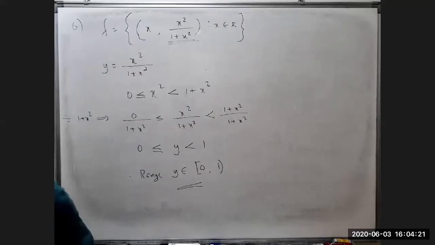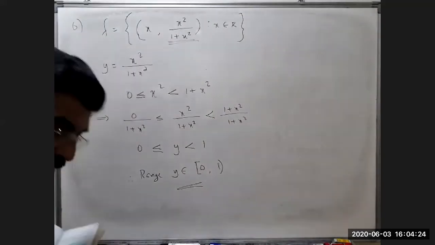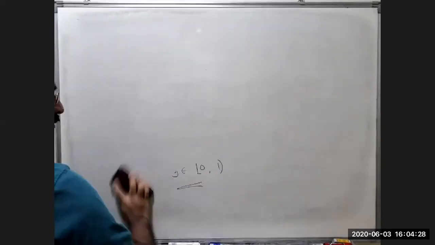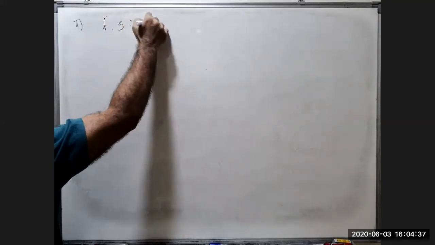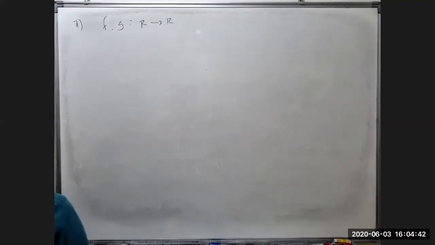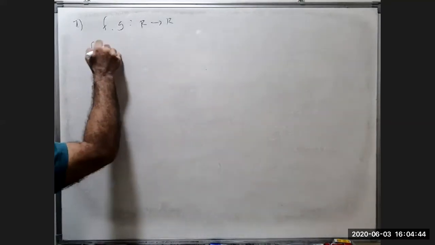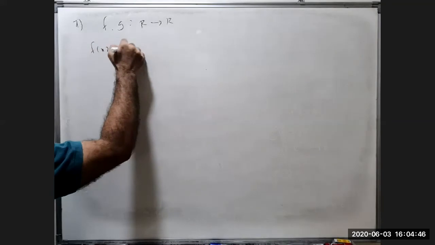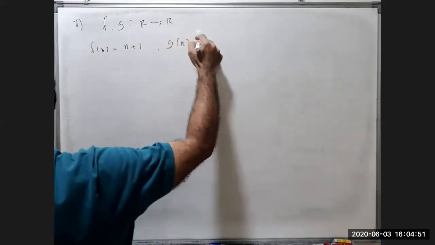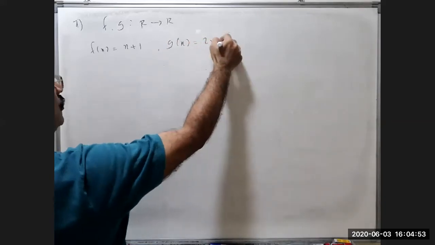Now, the next one is a very easy question. You can do it by yourself. I'll give an idea. Question number 7. See, f and g are functions from R to R. f of x is equal to x plus 1. g of x is equal to 2x minus 3.